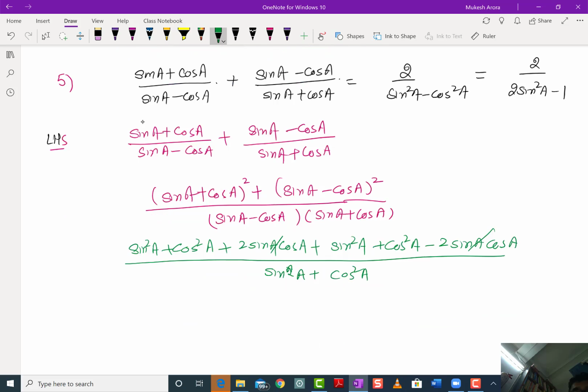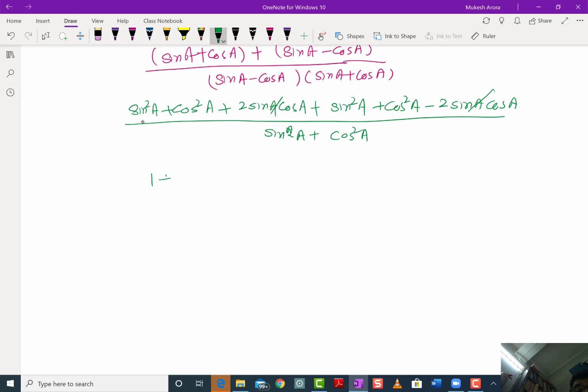Sin square A plus cos square A is equal to 1, plus 1, so 2 upon sin square A minus cos square A.